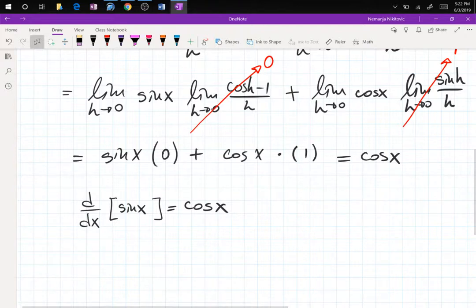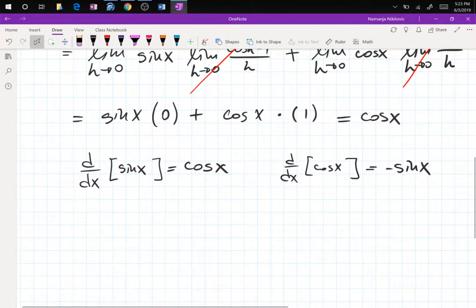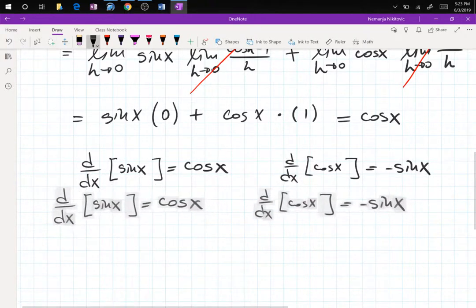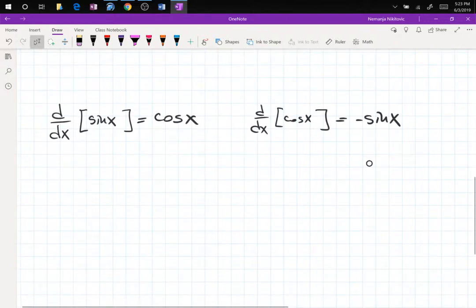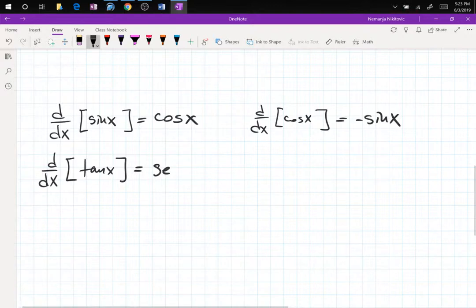Now, the derivative of cosine x is negative sine x. I'm going to put some space over here so I can title and stuff. The derivative of tangent x is secant squared x.